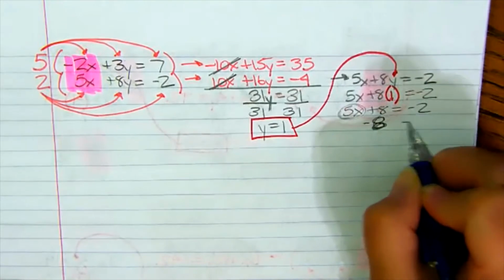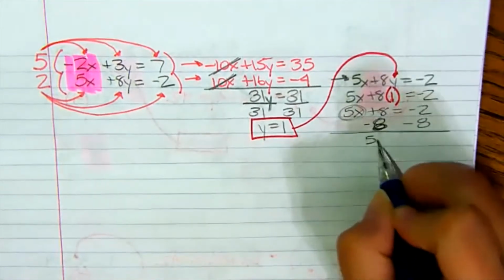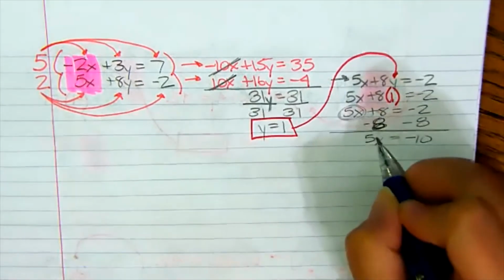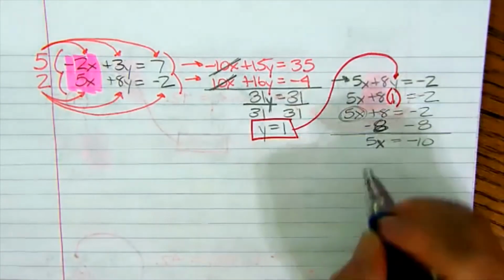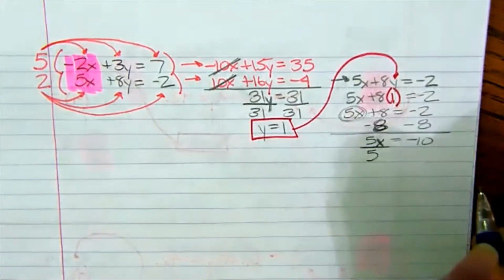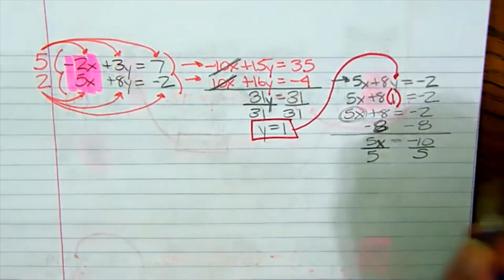What I do to one side, I must do to the other. 5x equals negative 10. I still want to isolate this variable, so I need to get rid of this times 5. So I'm going to divide by 5. What I do to one side, I must do to the other.